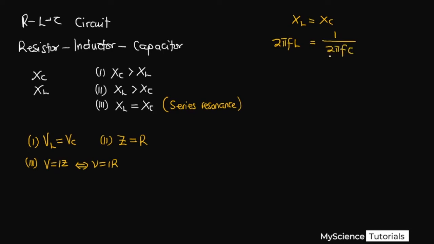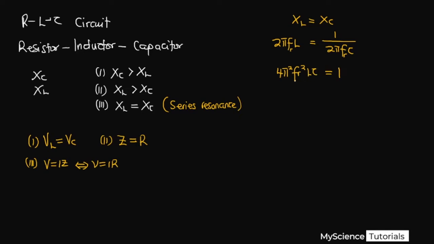Now, the frequency at which the inductive reactance is equal to the capacitive reactance is what we call the resonant frequency. So we are representing the frequency over here by FR. Let's try to make the frequency the subject. If we cross multiply, we get 4 pi squared FR squared LC equal to 1.